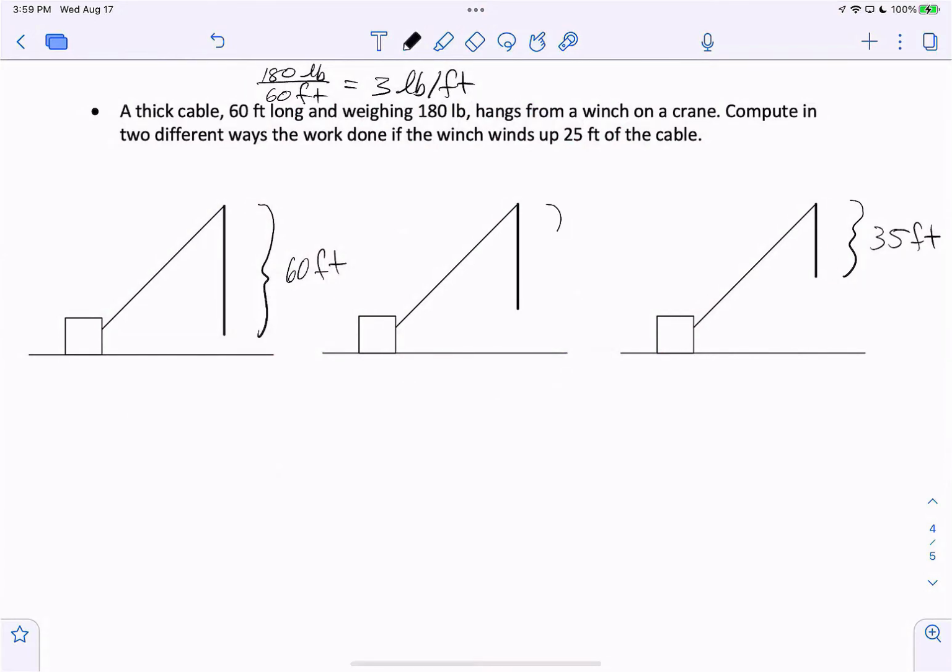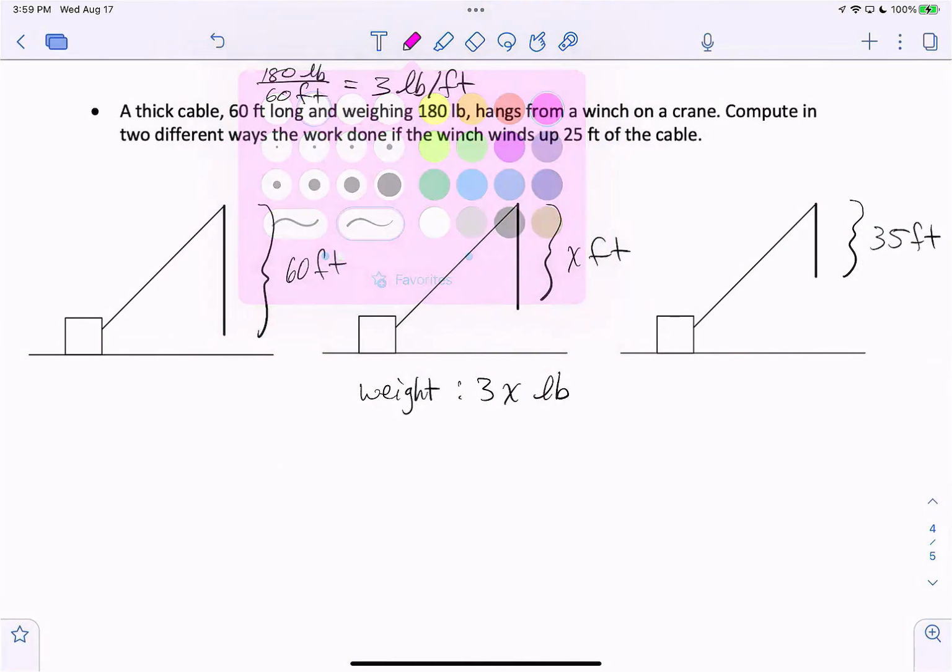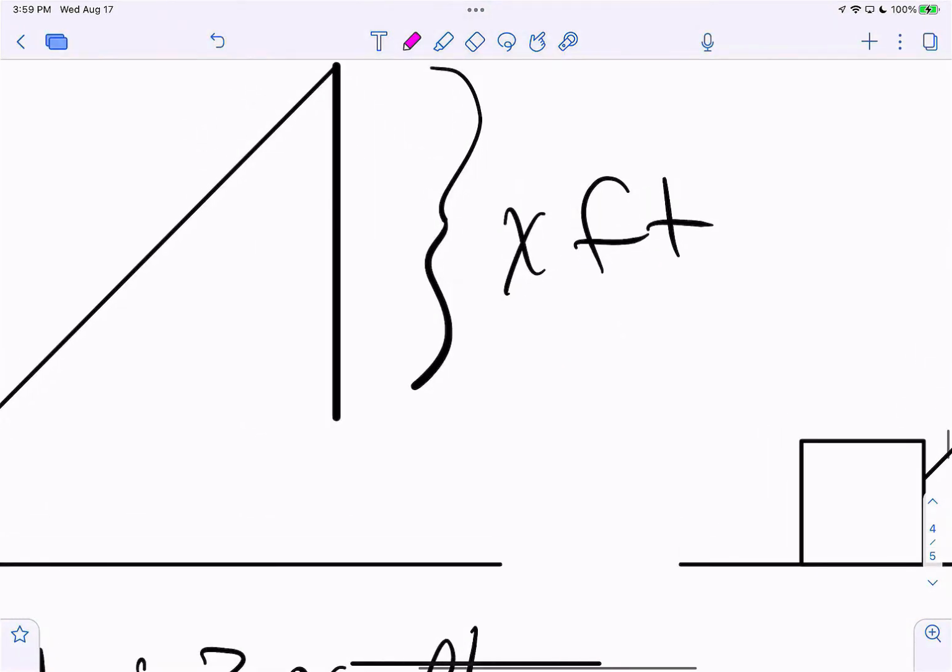In the middle, we have x feet of cable, and if this cable weighs 3 pounds per foot, then the weight of this portion of cable is going to be 3x pounds. If I'm moving the cable up from x feet hanging to 35 feet hanging, then at some point I'm going to have to move it from here to here, some incremental distance, delta x.